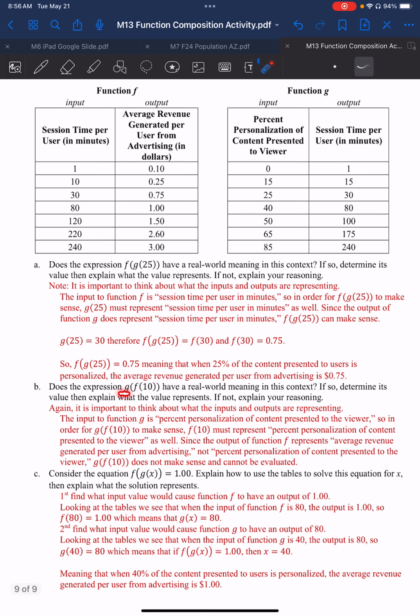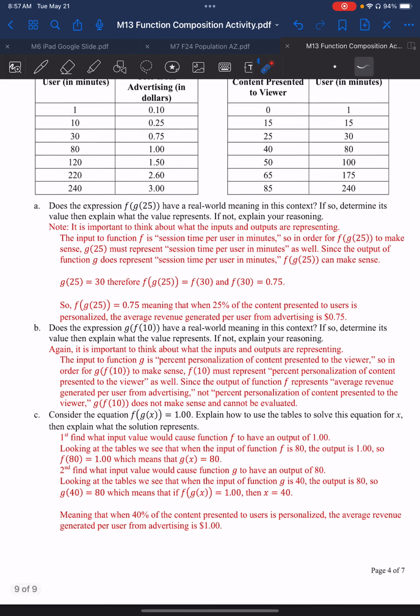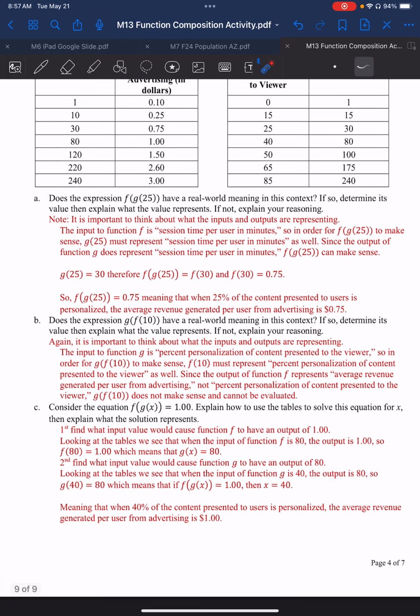Now G, what's the input needed for G? The input needed for G is percent personalization. The output of F is average revenue generated. So there's no way that I can take this output and put it into that input. It doesn't make any sense in the context. Even if I could get numbers that worked, it makes no sense in the real world context.